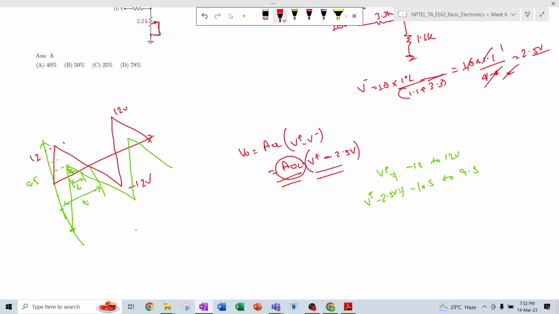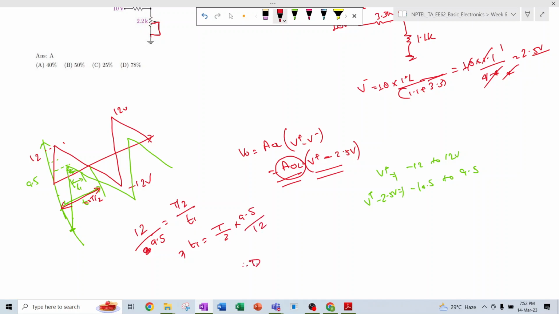So we can write 12 divided by 9.5 is equal to, this is nothing but T by 2, right? T by 2, and this is T1. So this will be T by 2 divided by T1. So T1 is equal to T by 2 into 9.5 divided by 12.